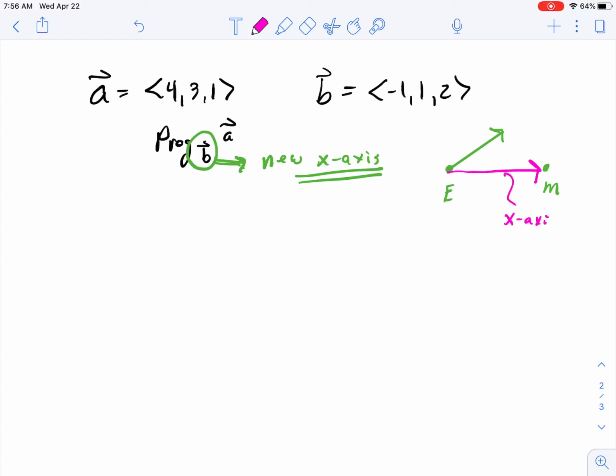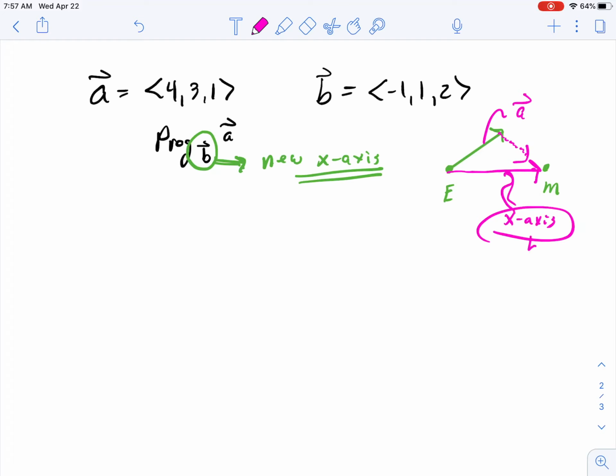Okay, so this is our new x-axis. That's the one I want to base off. So I want to find my components of A so I can learn how to readjust my direction, or whatever, everything else that we've been doing for the past couple of years in terms of physics, math, things like that. So this is what we got to find here.